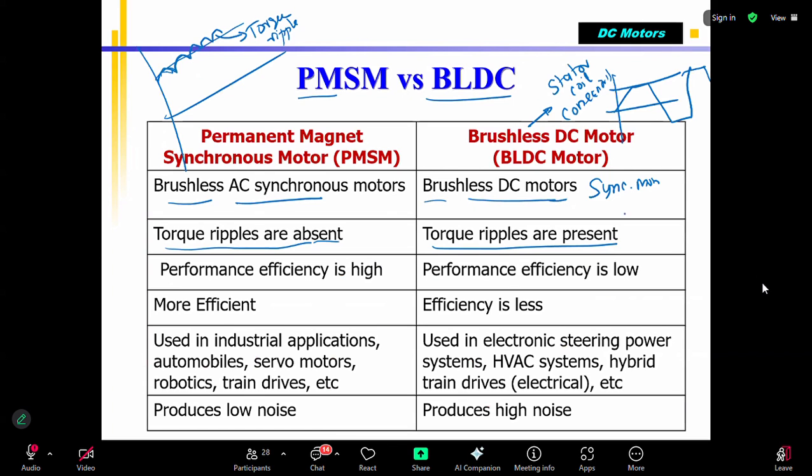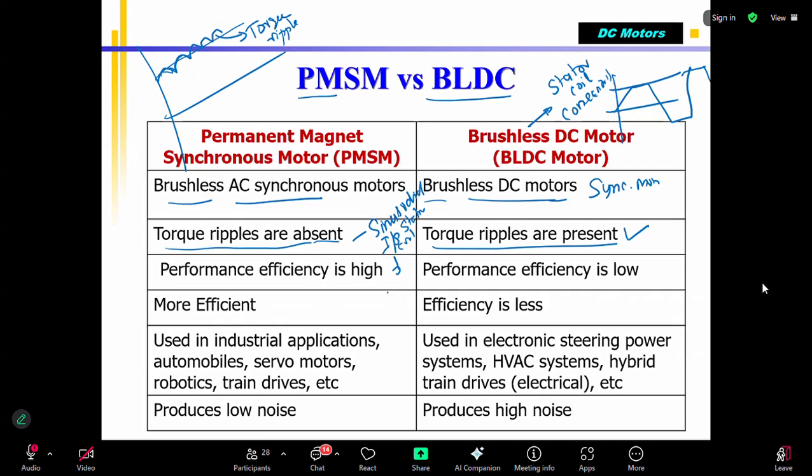Because of concentrated winding, the stator magnetic field is not uniform in the air gap. Because of that, torque ripple will be there in the case of BLDC. But in the case of permanent magnet synchronous motor, we are using a sinusoidal waveform, correct? Please note that we are using sinusoidal input to the stator coils.